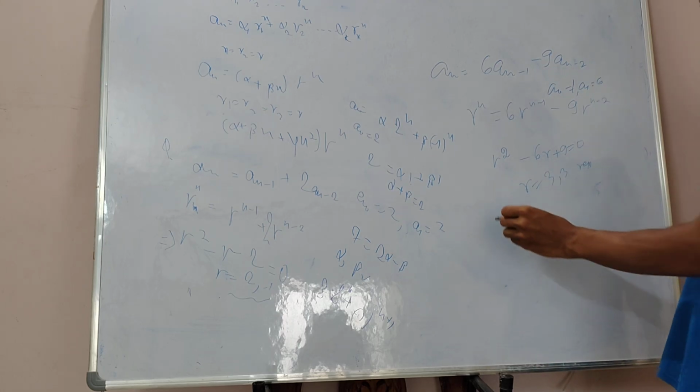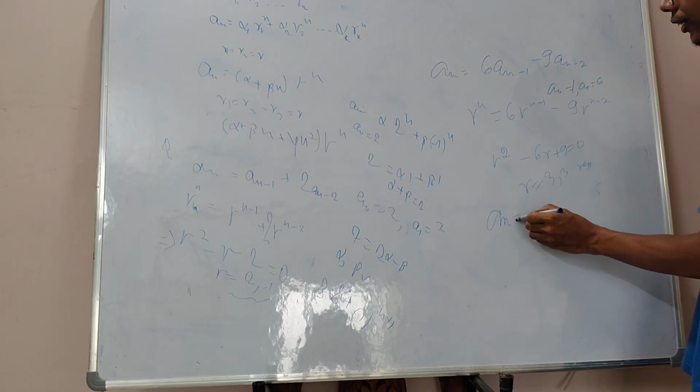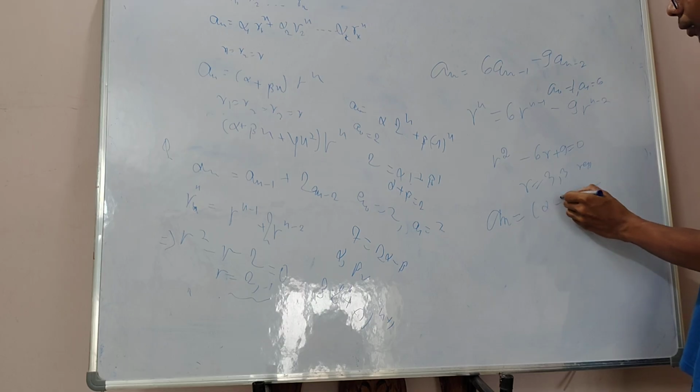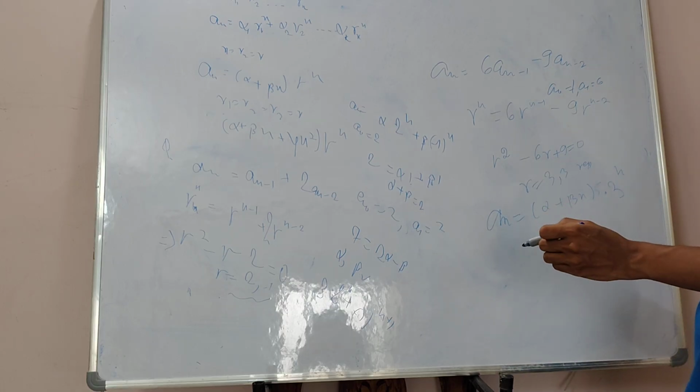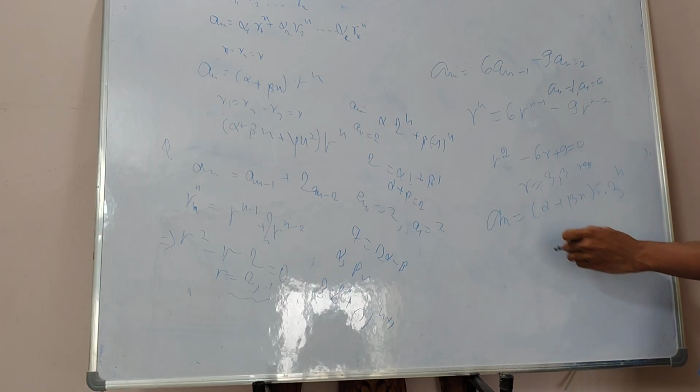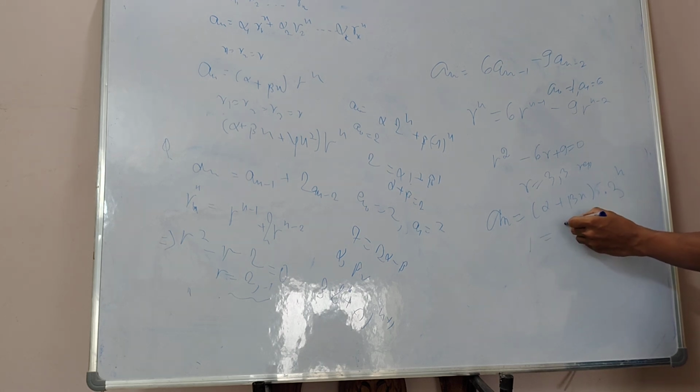So the generalized answer will be given as a_n is equal to alpha plus beta n whole into 3 to the power n, right. And a0 is equal to 1, so it will be 1 is equal to alpha plus 0 into 1, right.